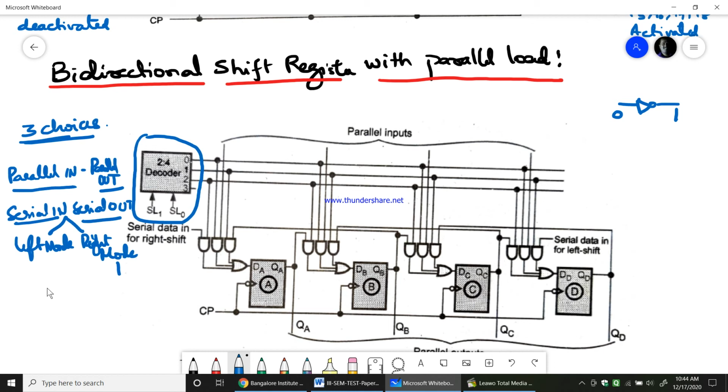Now, I hope you all know that a decoder is like a demultiplexer, which basically works on the selection inputs. These selection inputs are SL1 and SL0.